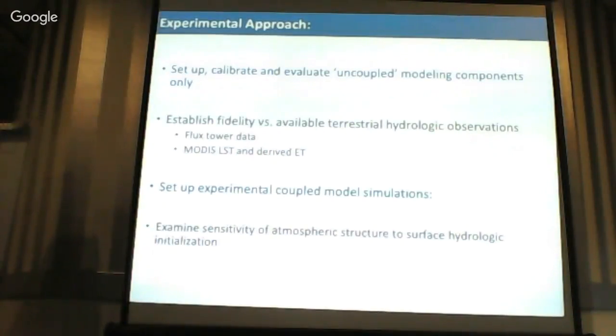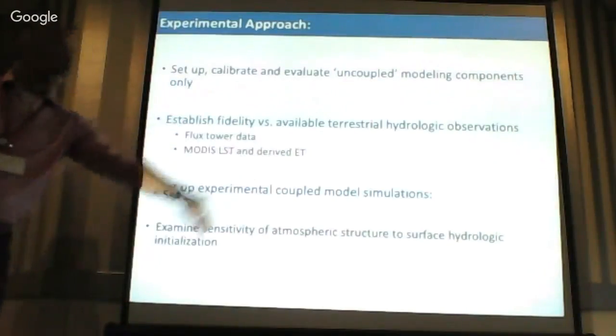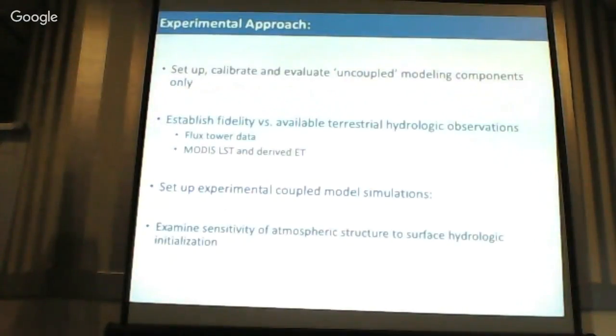The folks at Arizona State are doing a lot of work on vegetation modeling as well, so that wraps into this, although I don't have time to talk about it today. So after that, we're basically trying to establish the fidelity versus these observations. I'm going to focus really on showing some data from some flux towers, as well as some comparisons against MODIS, which is a satellite-derived estimate of land surface temperature and evapotranspiration.